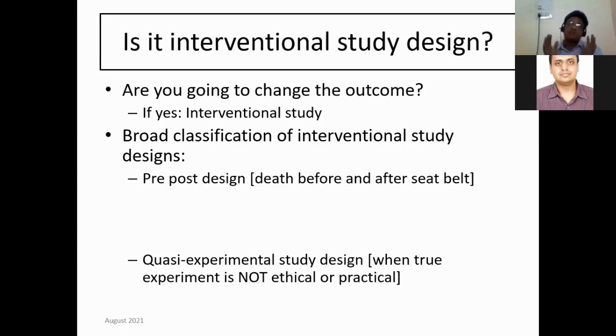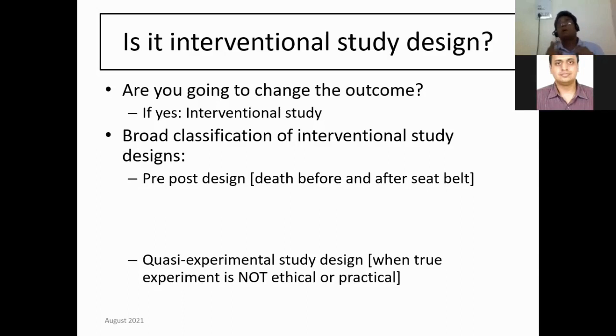The second very common study design which we generally tend to encounter in interventional studies is the quasi-experimental study design. Now, quasi-experimental study designs are usually used when a true experiment is not ethical or practical. For example, if there is a condition like depression and you want to do some kind of a psychological treatment, but your institutional ethical committee says that no, you can't do this kind of interventional study, it does not look ethical.